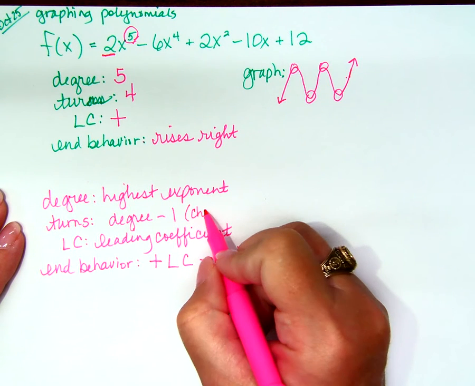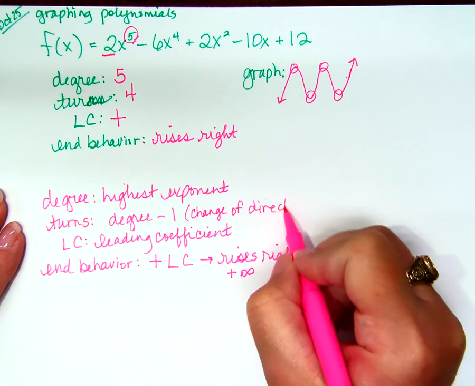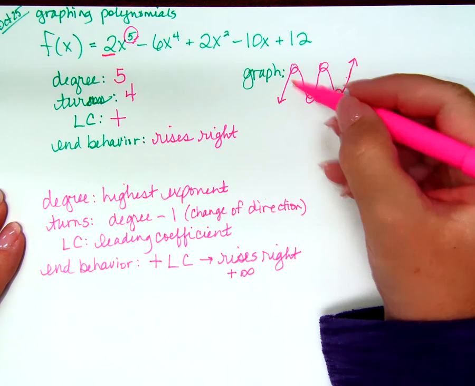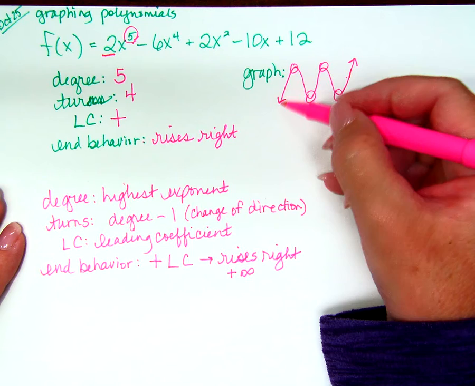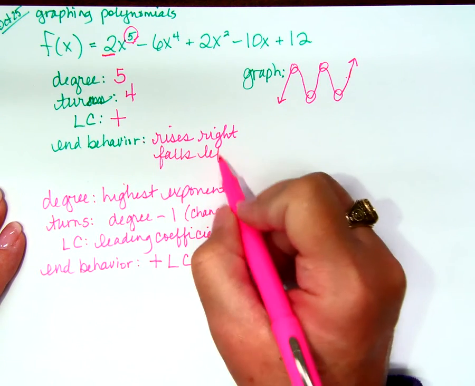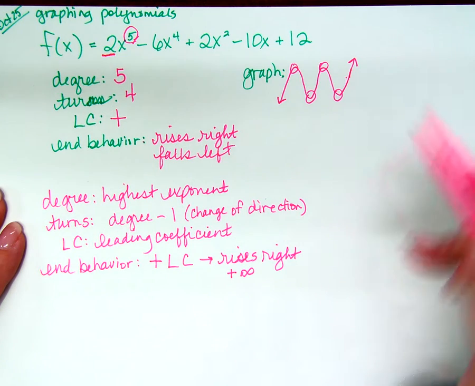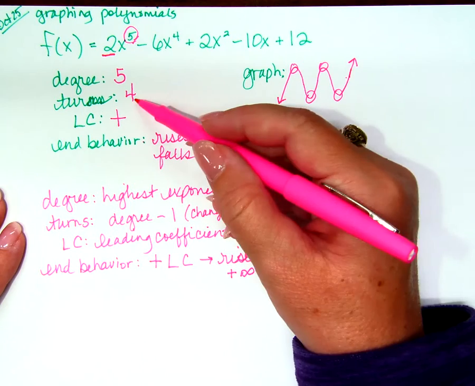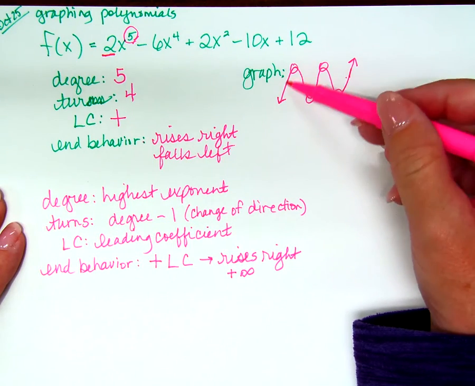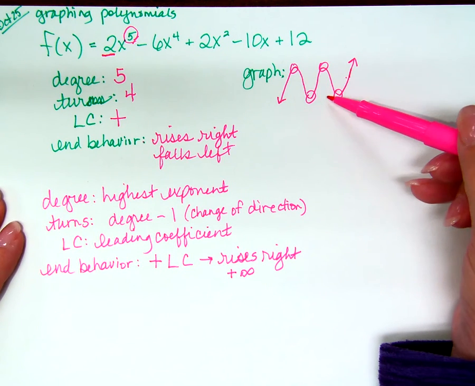A turn is a change of direction. Then you can clearly see that this falls left. So if it rises right and has 4 turns like this graph does, I just drew a little abstract graph and it will fall left.